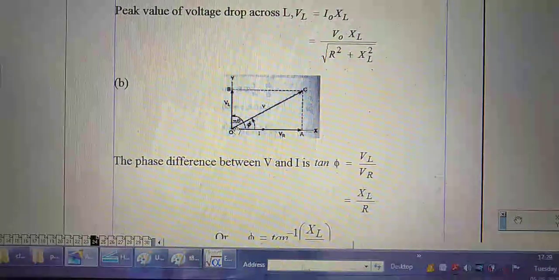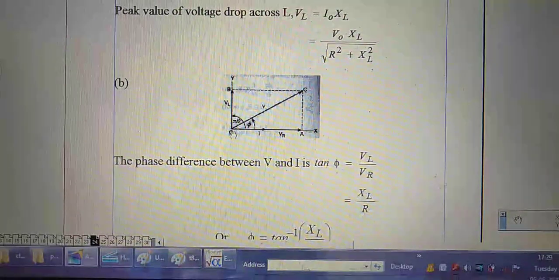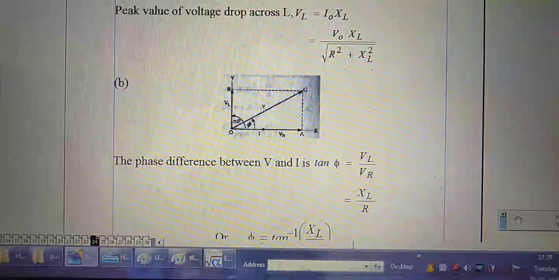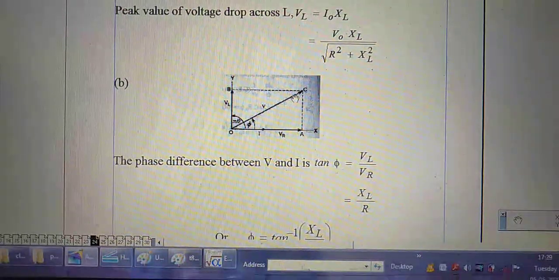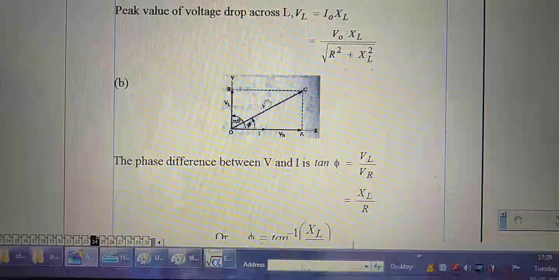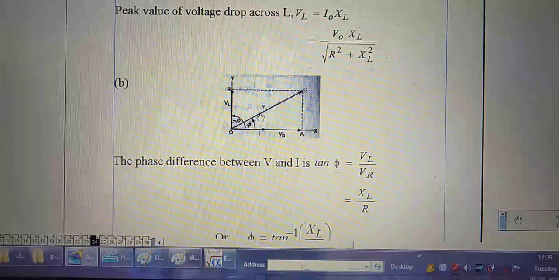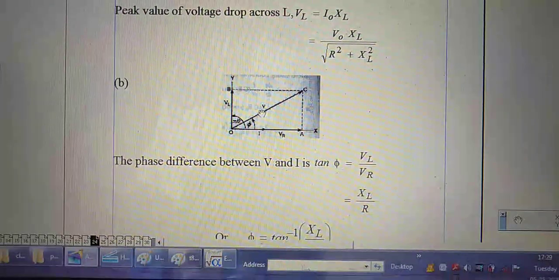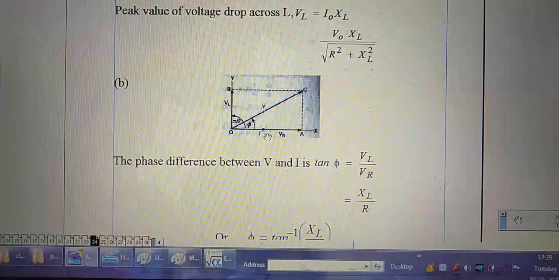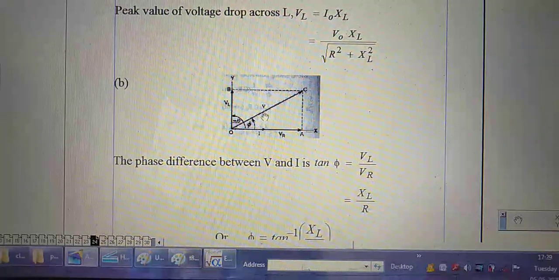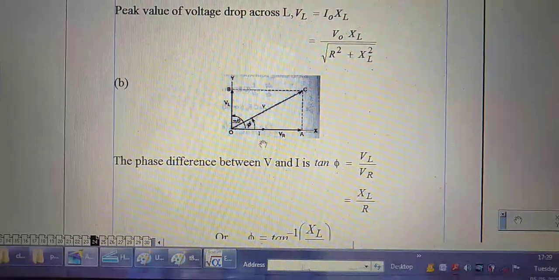According to the parallelogram law of vector addition, if two sides are represented by two vectors, then the resultant is always along the diagonal, and this V is the resultant voltage. From this diagram it is clear that the resultant voltage and current have a phase difference of phi, and voltage is ahead of current.